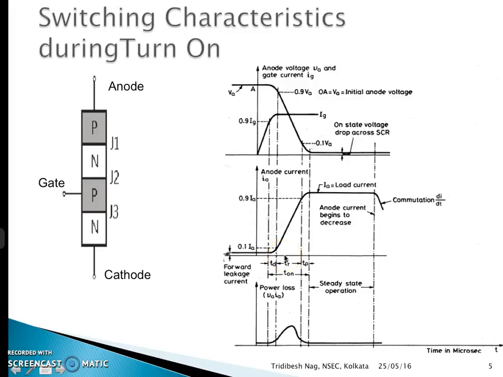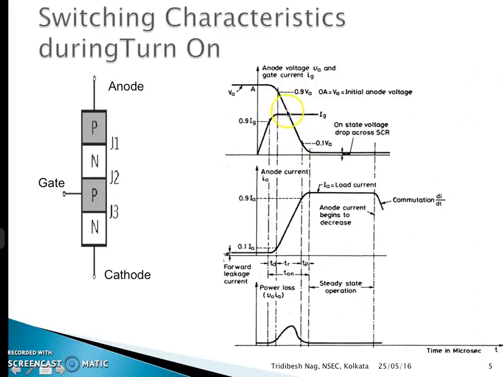Now next is the rise time TR. This rise time is the time taken by the anode current to rise from 0.1 Ia to 0.9 Ia, that is 10% of Ia to 90% of Ia. The rise time is also defined as the time required for the forward blocking state voltage to fall from 0.9 VA to 0.1 VA.